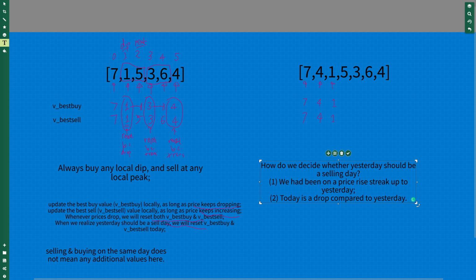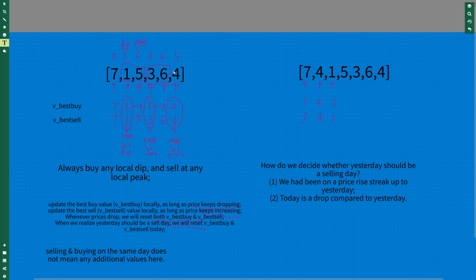So basically, these are the two conditions to justify a selling date. And it was true for day number 3 here. Today is day number 3. Then the previous 2 days we were on a price rise streak, and then today is a price drop. So that definitely justifies yesterday as a selling date.